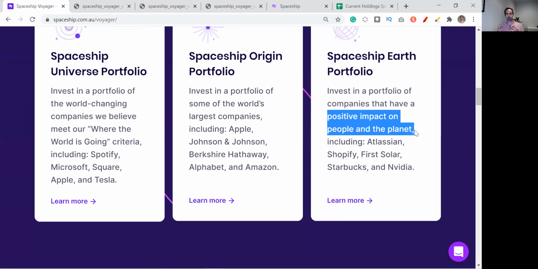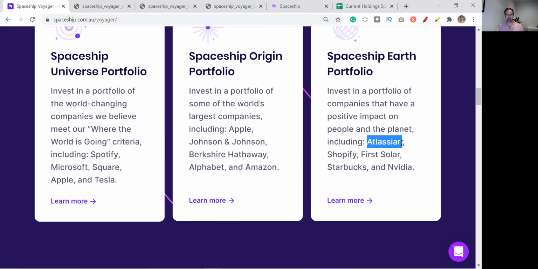But Spaceship Voyager is doing a really good job, and I would trust that they try to pick companies that have a green footprint. So companies that they have in here, for example, are Atlassian, which is an Australian company listed on the New York Stock Exchange, First Solar, or Starbucks. Starbucks, for example, does a lot with their sustainability around coffee cups and also produced coffee. So they're actually really good examples.